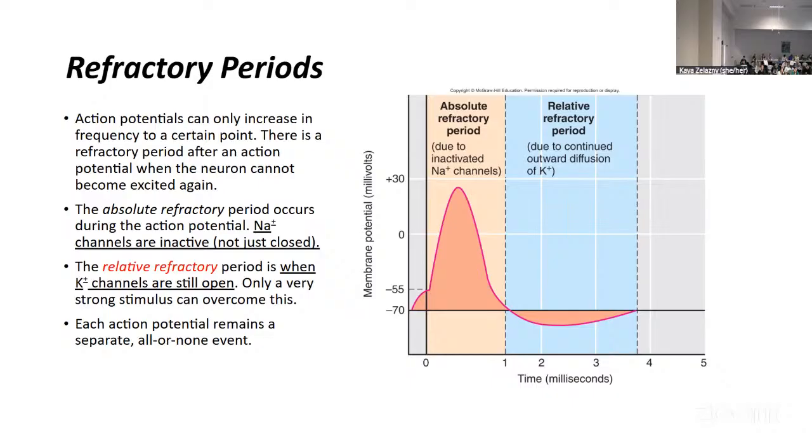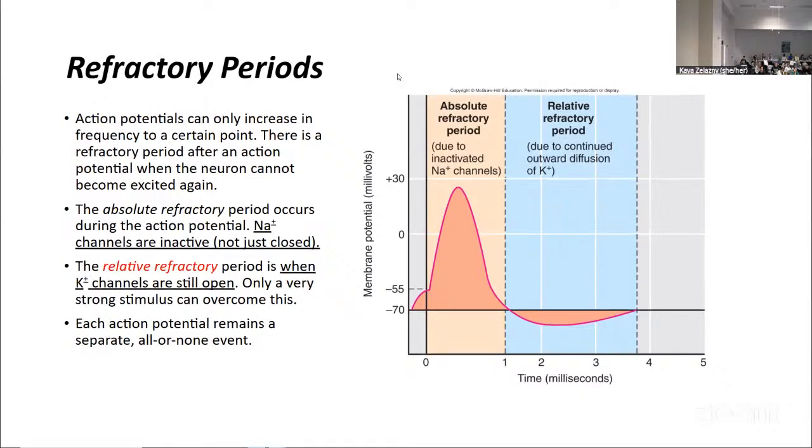There's only so fast we can send a second action potential down our axon. And that's what our refractory period is about. Our refractory period is what's putting a barrier on how close together you can pack action potentials. Okay, so we're going to have two types of refractory periods, and we're going to specify which one we're talking about.